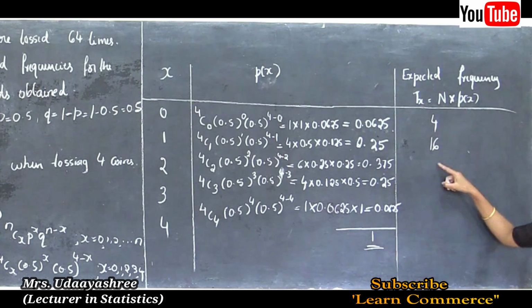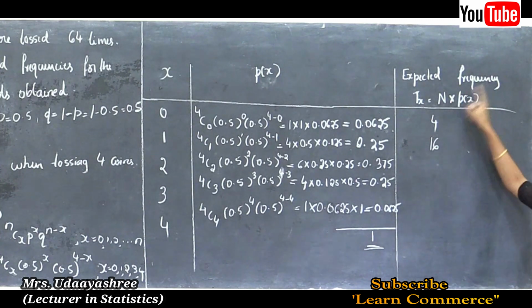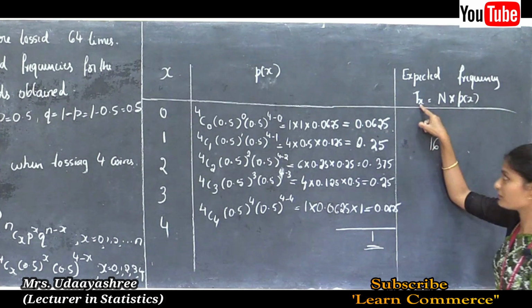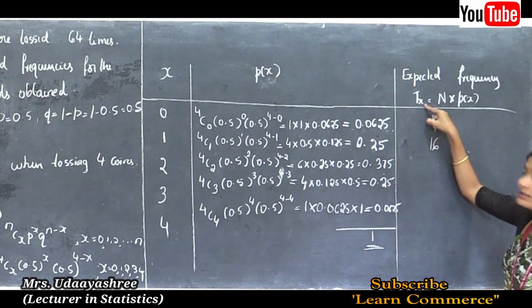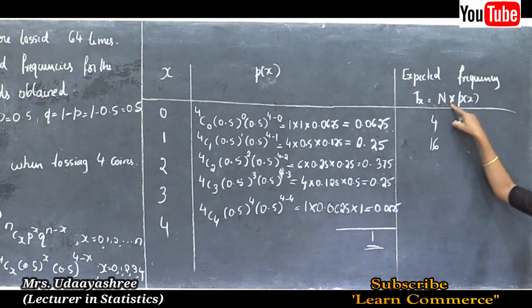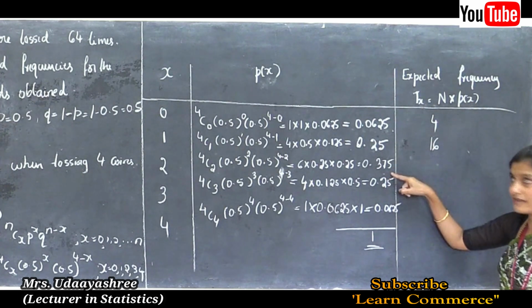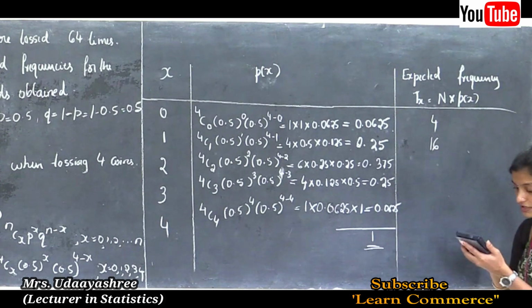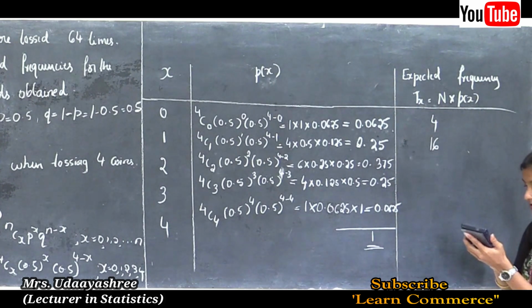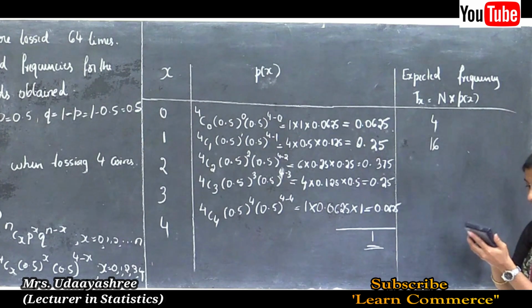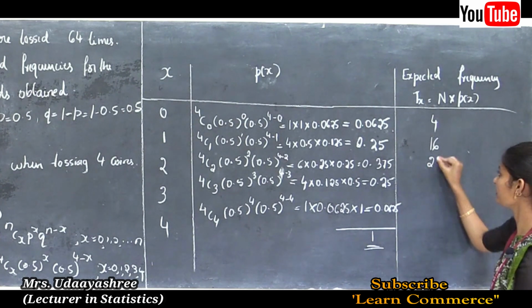Next, we need to calculate the third expected frequency. So here instead of x we have to write 3. So T3 is equal to n into P of 3. P of 3 value is 0.375, then n is 64, that is 64 into 0.375. The answer is 24.